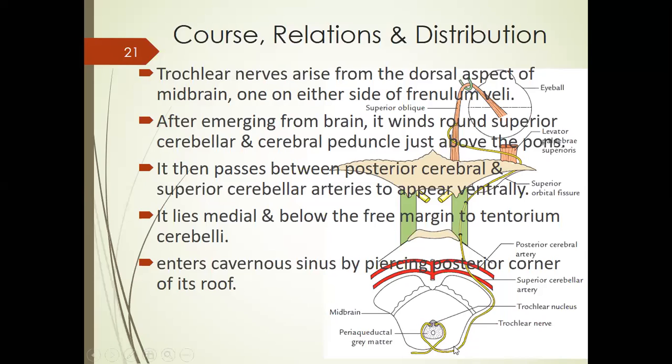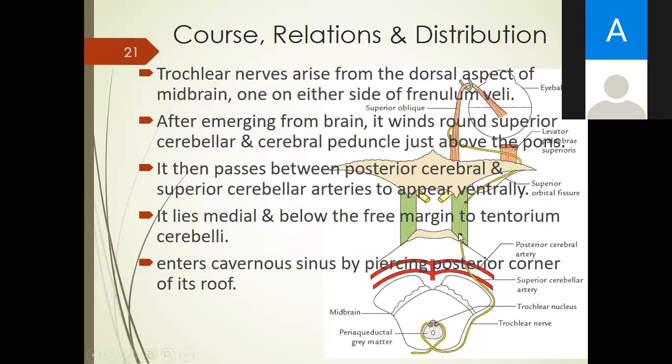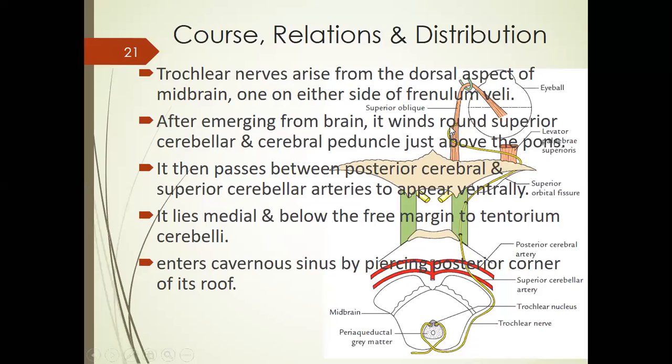It then passes between the posterior cerebral artery and the superior cerebellar artery, lies on the medial side and below the free margin of the tentorium cerebelli, and enters the cavernous sinus by piercing the posterior corner of its roof. Thereafter it passes through the superior orbital fissure, enters into the orbit and supplies the superior oblique muscle.